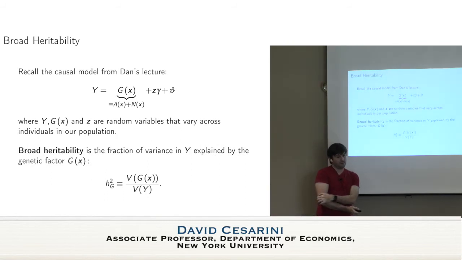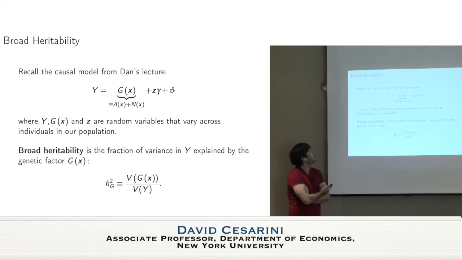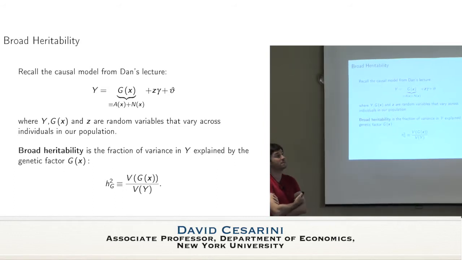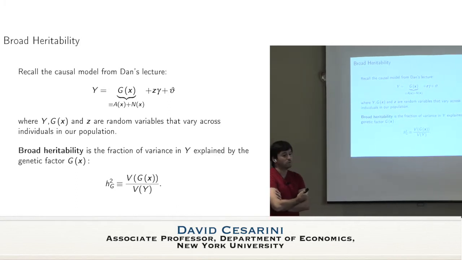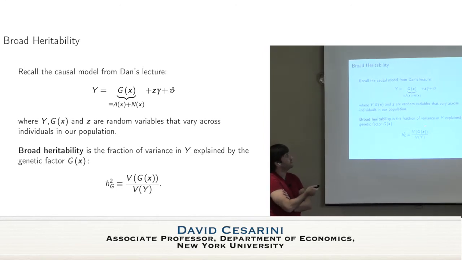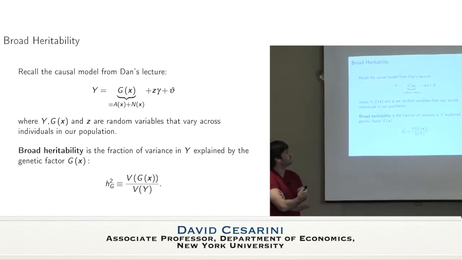So, yeah. Recall the causal model from Dan's lecture. We had this g(x) object. We had this vector z that Dan will talk about a lot more, especially when we get to GWAS. We have some residual, and we can always decompose g(x) into an additive and a non-additive part. So broad heritability is the variance of g(x) over the variance of y.